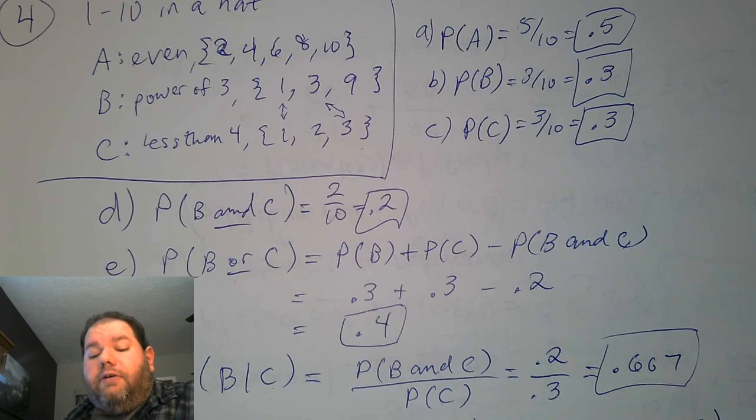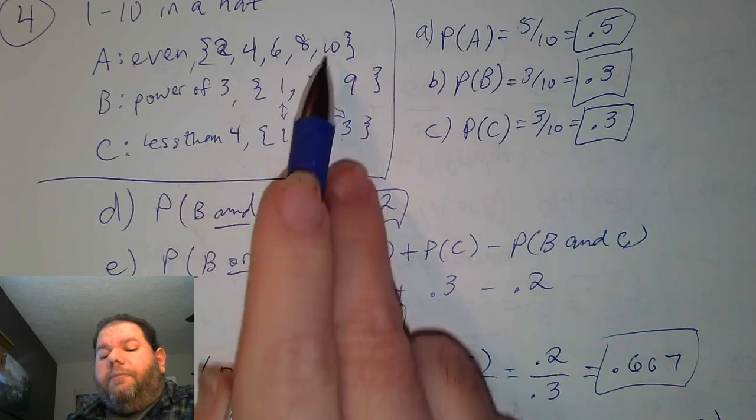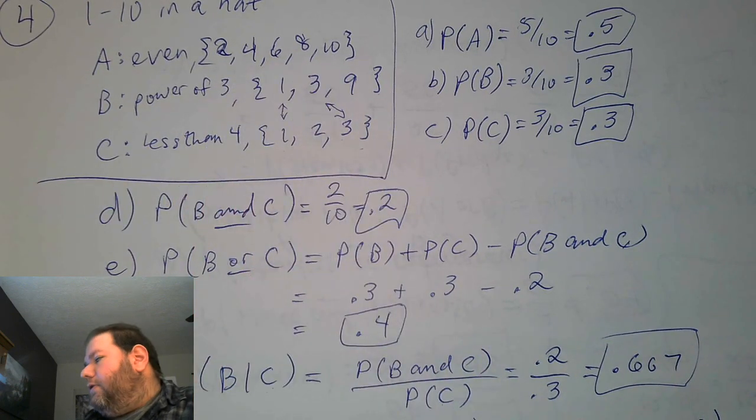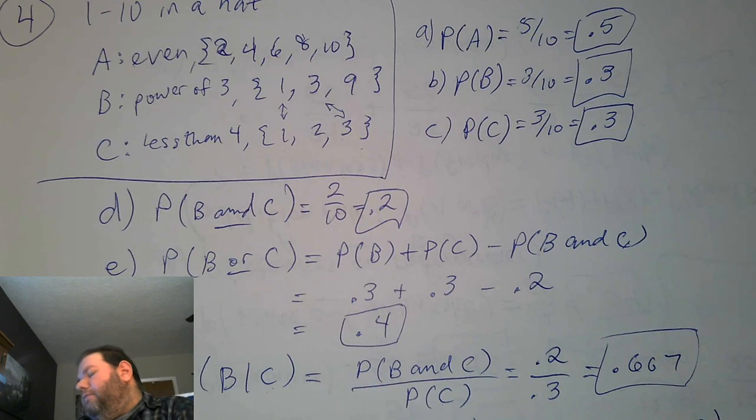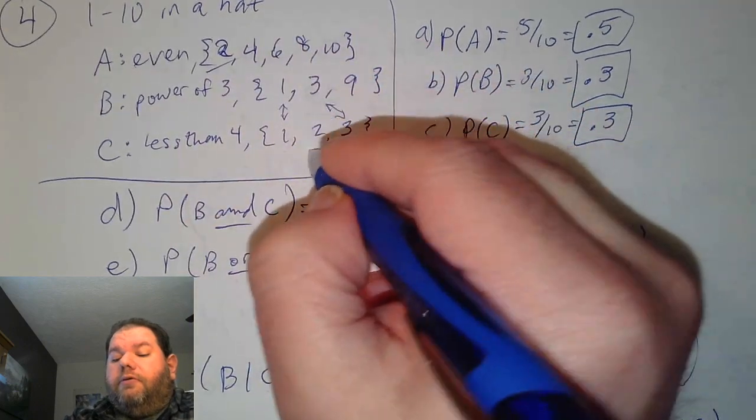So if we look at events A and C, are there any outcomes that they share in common? Yes, they have one number in common, specifically the 2.